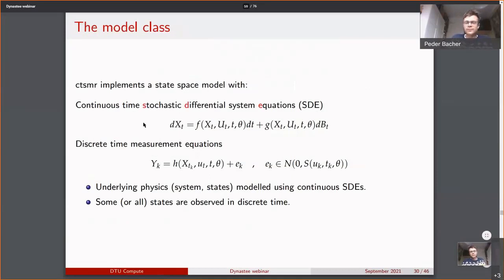So when we write it up in a beautiful way using math, we write it like this. It's a state space model where the x is a state vector, and how it evolves over time is described by this part we call the drift term. Basically a differential equation as a function of the states now, some input variables, and time.